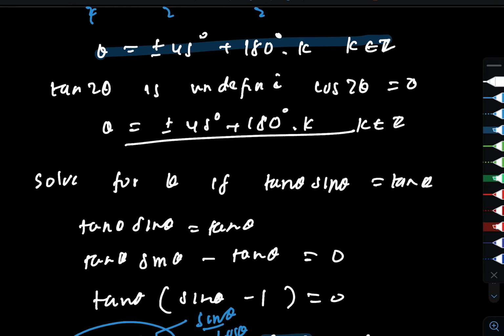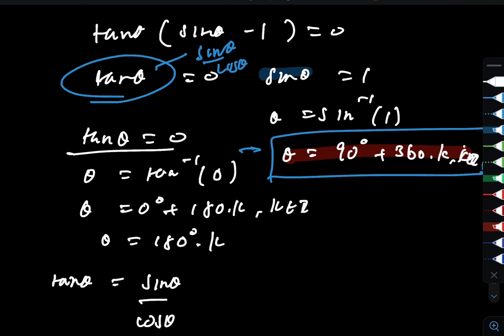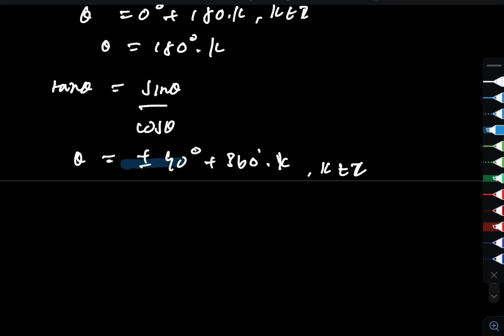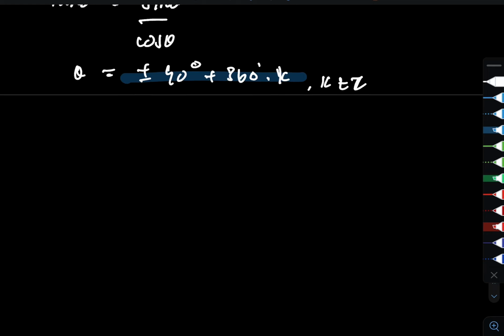When we have the cosine theta, it's always going to be the same. So plus or minus 90 and then plus 360 degrees times k, where k is an element of integers. So your trigonometric equation in this case won't be defined for this. All right, let's take a last one.